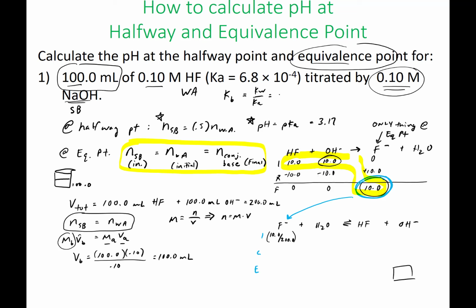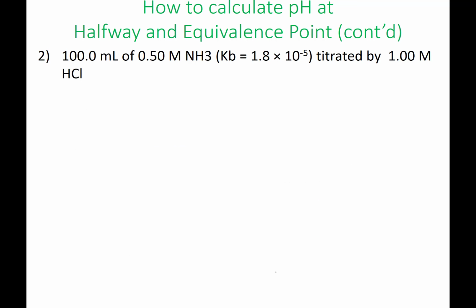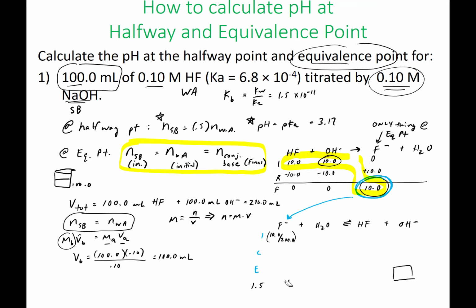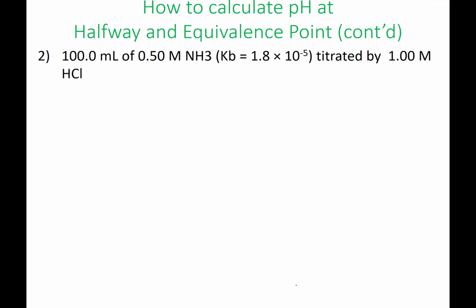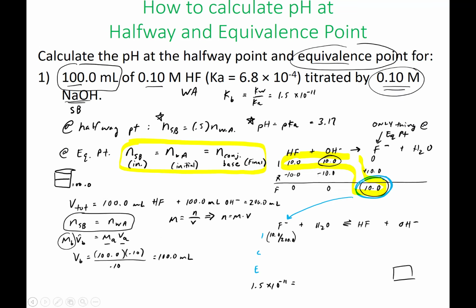So my Kb, I did this ahead of time, is 1.5 times 10 to the negative 11. So 1.5 times 10 to the negative 11 equals x squared over 10 over 200.